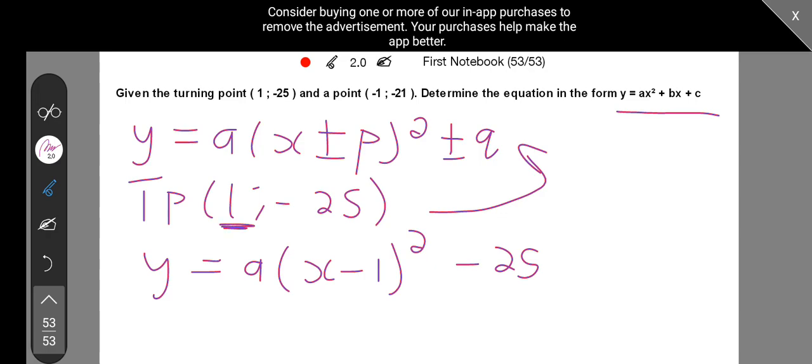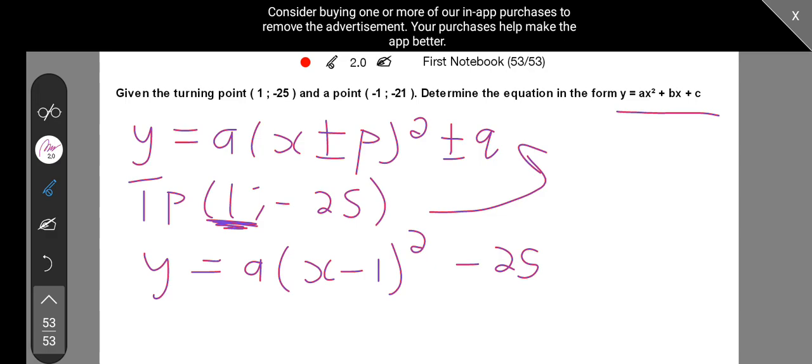If the value of x was given as positive 3, we're going to write minus 3. If it was given as minus 10, we're going to write positive 10 inside the brackets.